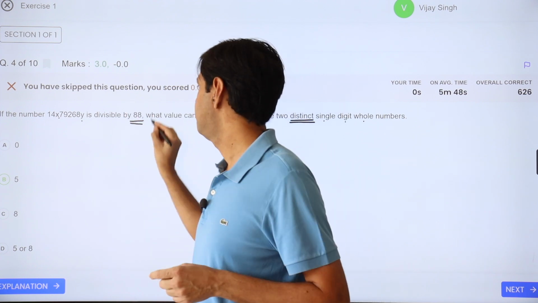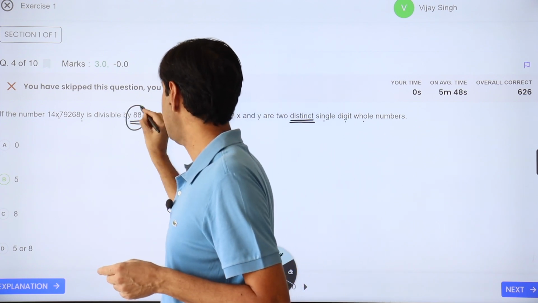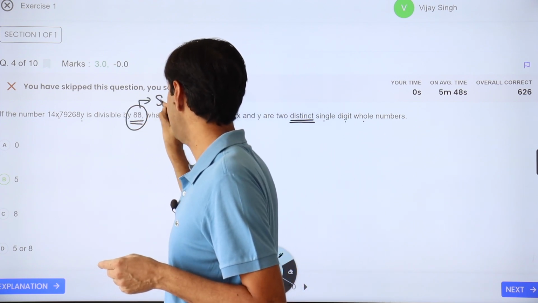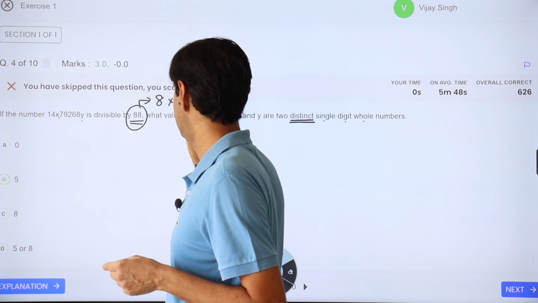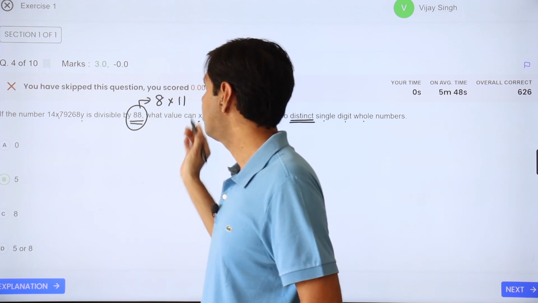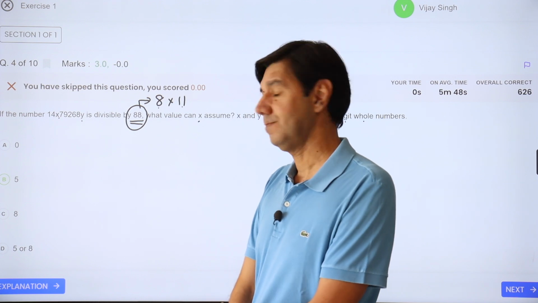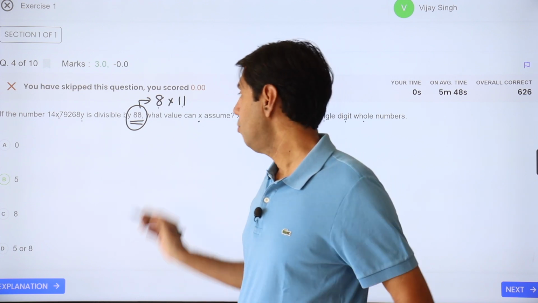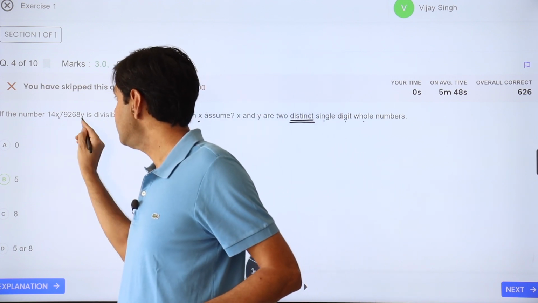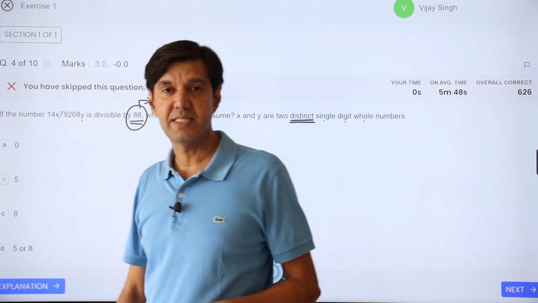So this is divisible by 88. 88 is broken as 8 and 11. Both are co-prime. So you need to use the divisibility rule of 8 and that of 11. Now when you use 11, the entire number will be used, so both x and y will come.